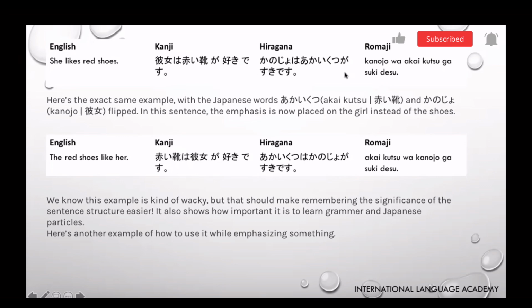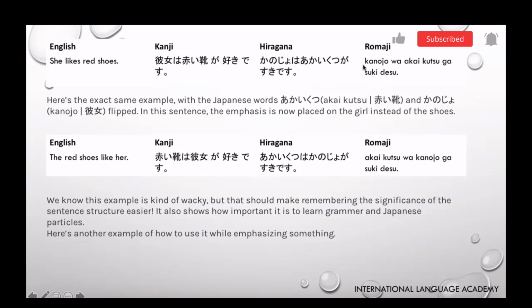彼女は赤い靴が好きです。So in here you can see the ga particle has been used. That means they want to emphasize that she likes which shoes? Red shoes. So they have used the ga particle to emphasize red shoes, or akai kutsu, here.